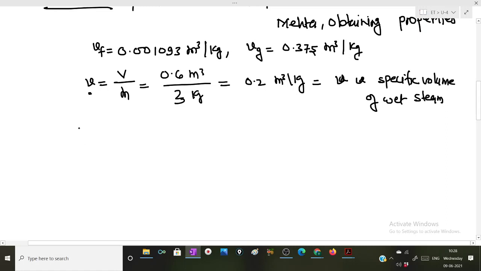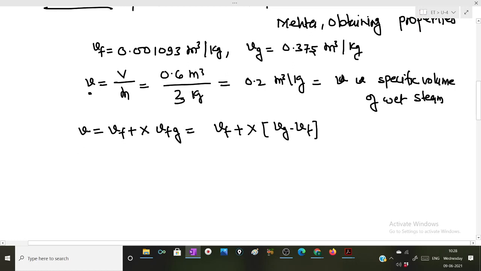And we have a formula to calculate the specific volume of wet steam as V is equal to Vf plus X into Vfg, which can also be written as Vf plus X into (Vg minus Vf).